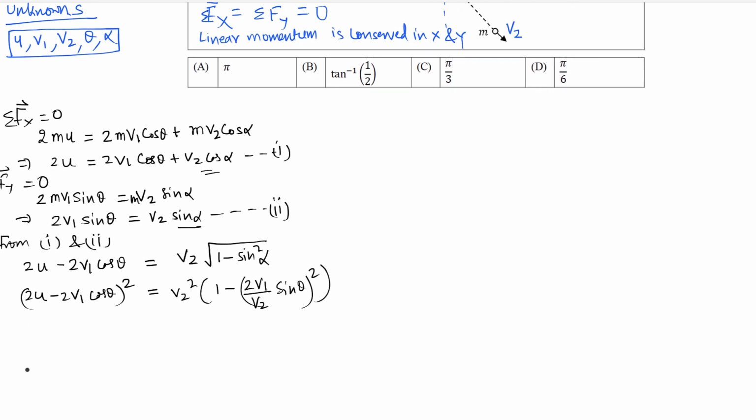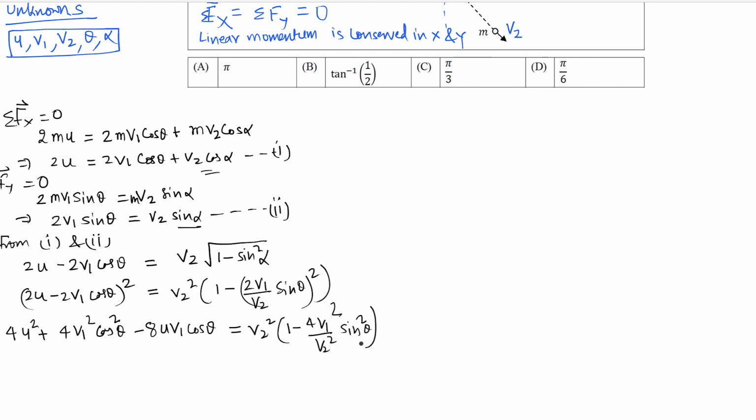Now we can expand, so this will become 4u square plus 4v1 square cos square theta minus 8u v1 cos theta equals v2 square times 1 minus 4v1 square by v2 square sine square theta.